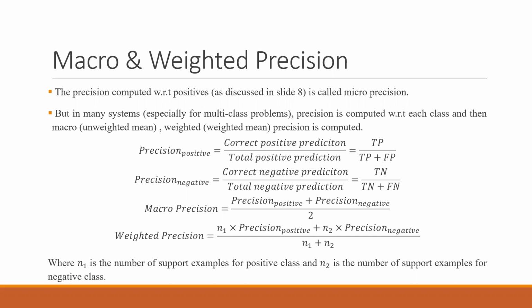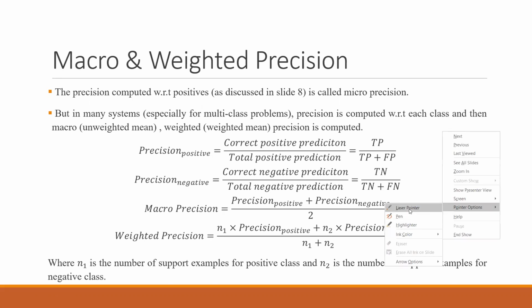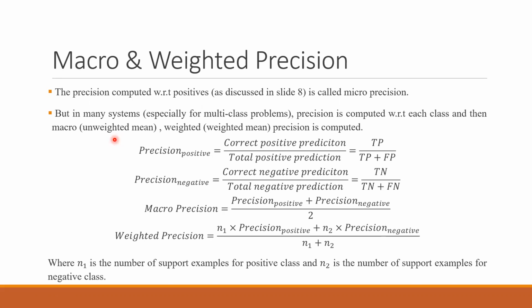But in many systems, precision is computed with respect to each class, and then macro unweighted mean and weighted mean precision is computed. So what do you mean by this? If you are calculating precision for positive, you are getting the formula as this. If you are calculating the precision for negative, you are getting the value of TN upon TN plus FN.